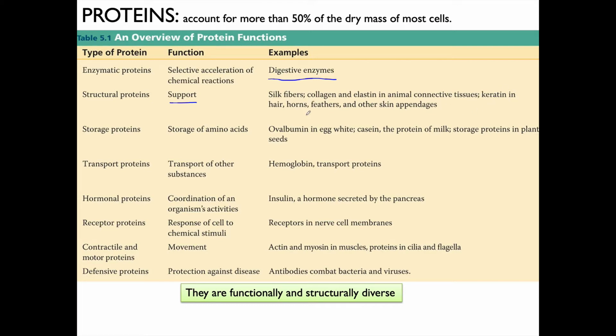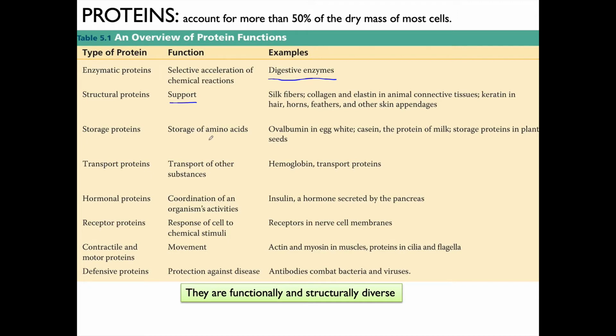There's keratin in hair, horns, feathers, and other skin appendages. And we even have some of these that run through our bones. Collagen will work as kind of like rebar within our bones themselves, giving them additional strength and making them incredible structures to hang muscles and organs off of.